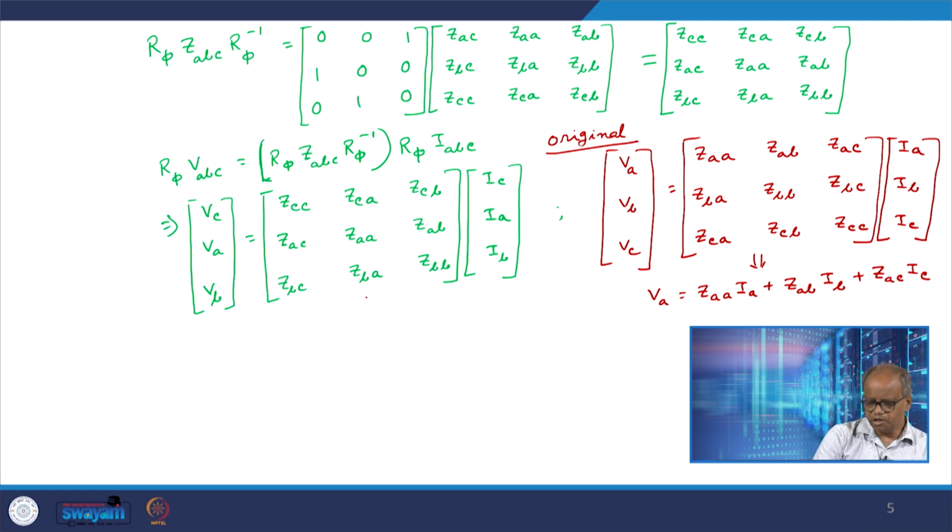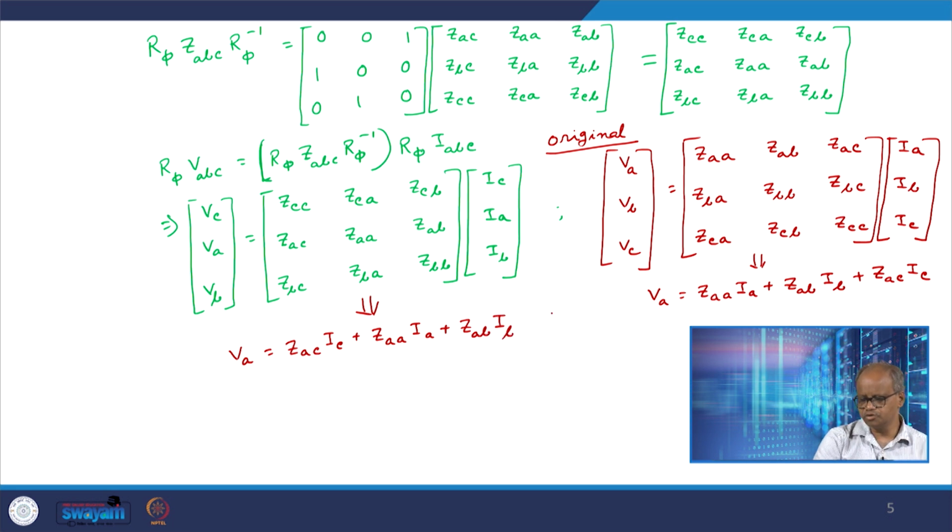And from the modified relation, I get VA from the second row: ZAC into IC plus ZAA into IA plus ZAB into IB.